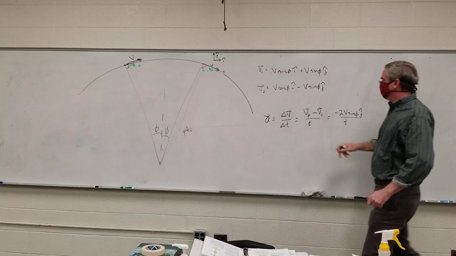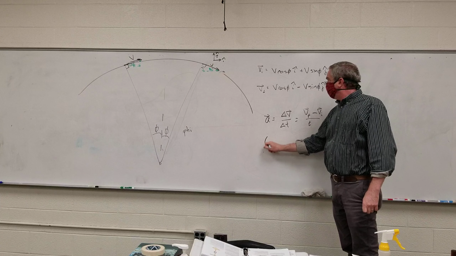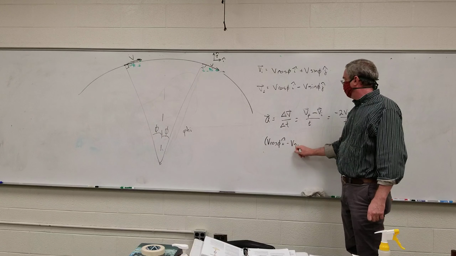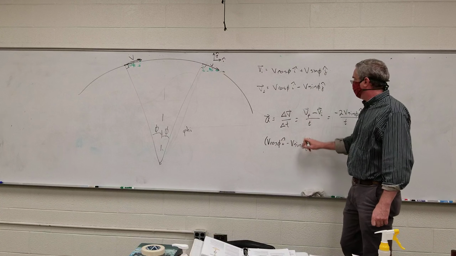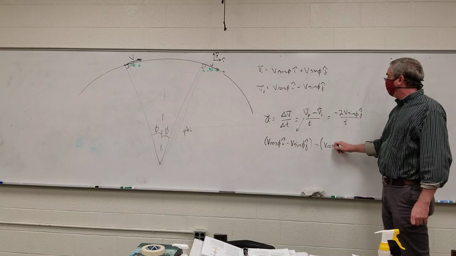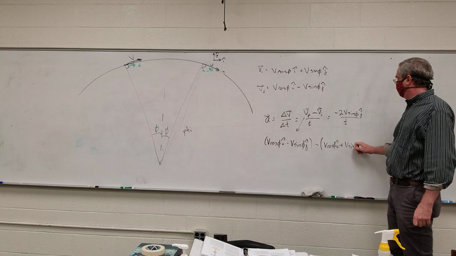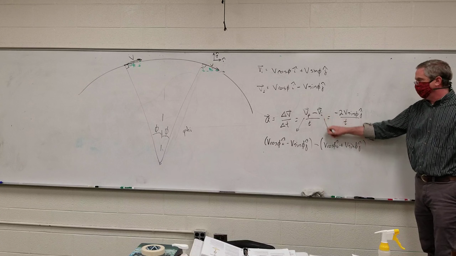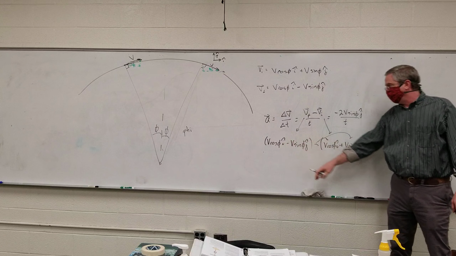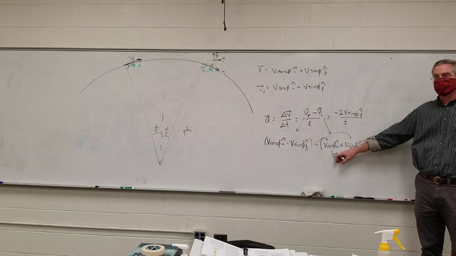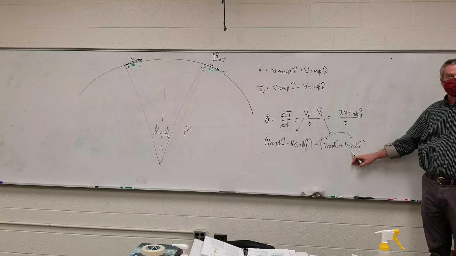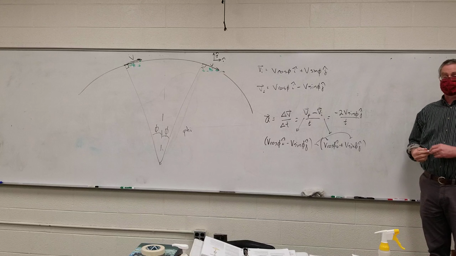Yeah, to write it out more formally, we have v cosine phi i hat minus v sine phi j hat, that's v final, minus v cosine phi i hat plus v sine phi j hat, that's v initial. Distribute the minus sign, and we get v cosine phi i hat, negative v cosine phi i hat, negative v sine phi j hat, minus v sine phi j hat. Is that sufficient? Yeah, thanks.